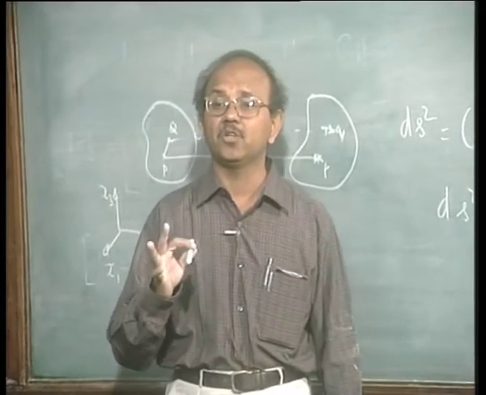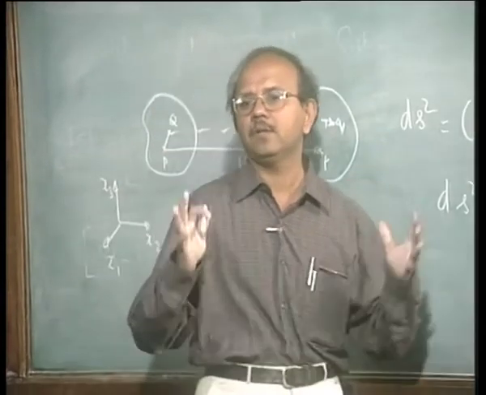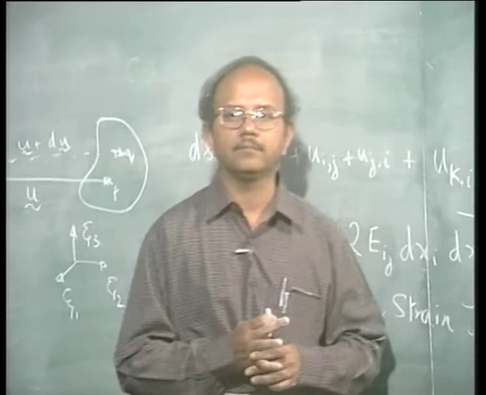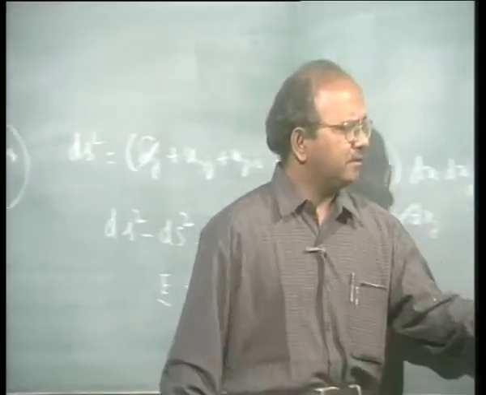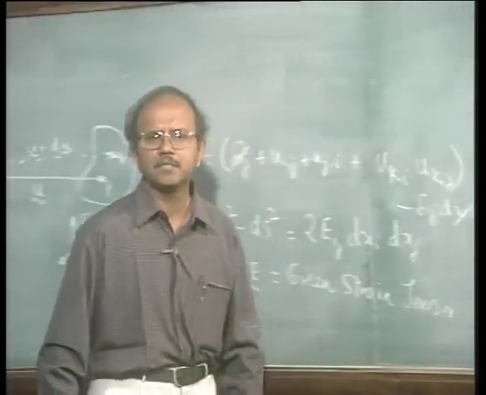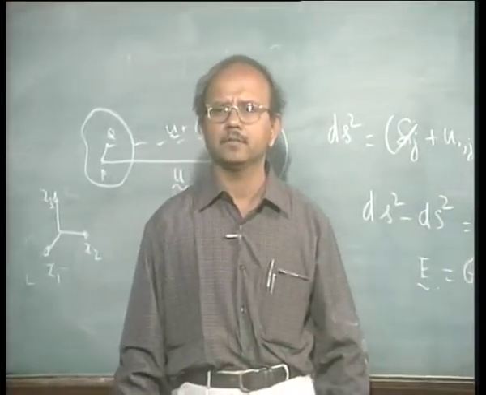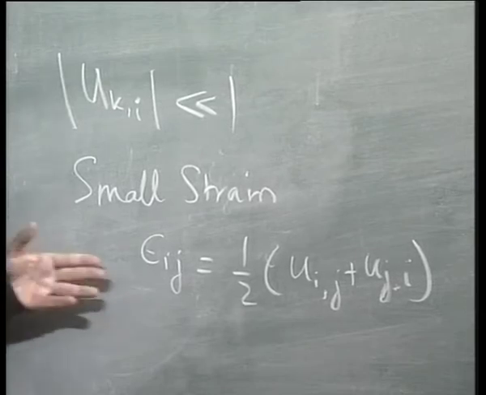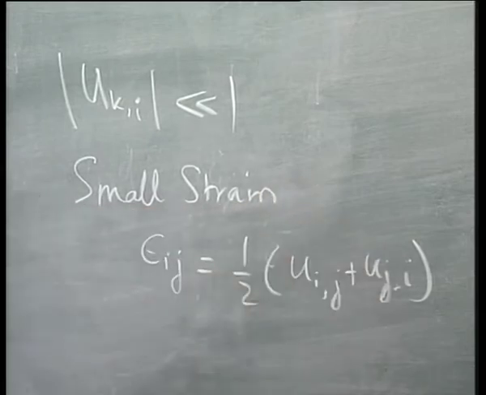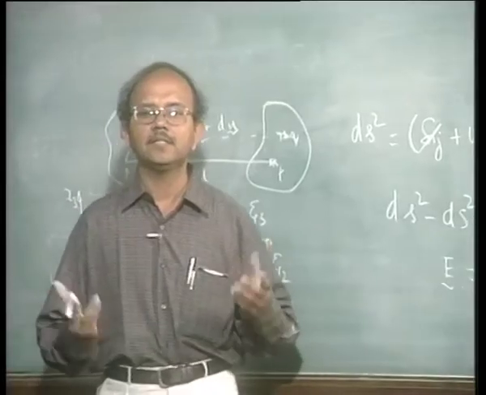Because once I give tensorial properties, you know what the effects are. I have a lot of things to say about it. Is that clear? But before that, let us see whether this is symmetric. Epsilon ij is symmetric, obviously, straight away from the definition itself: epsilon ji is half uj comma i plus ui comma j. So, obviously, the strain tensor is symmetric.